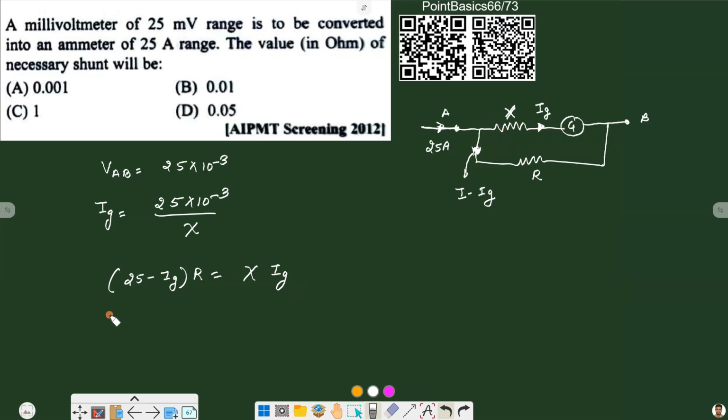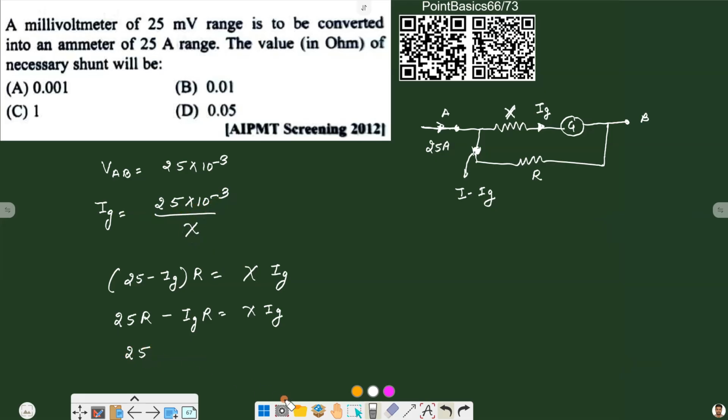So here we can write it like 25 into R minus IgR is equal to Xig, and from this what we can do, X into Ig here, X into Ig is 25 into 10 raised to power minus 3.